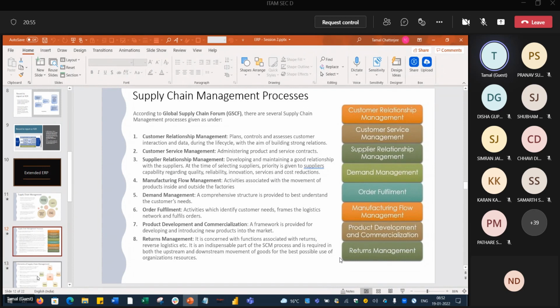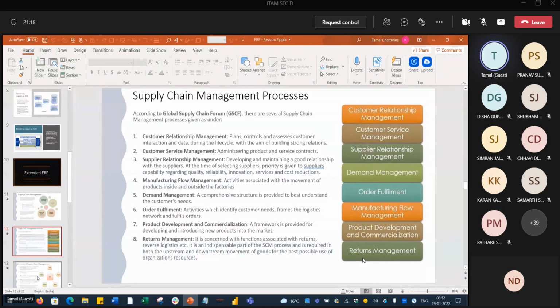So that is the order fulfillment part. Then product development and commercialization. Of course, in the market you have to keep a close eye. What should be the demand, what the customer is going to like, how do you innovate new products.